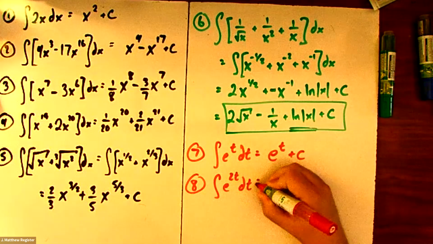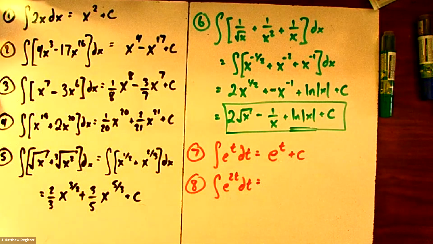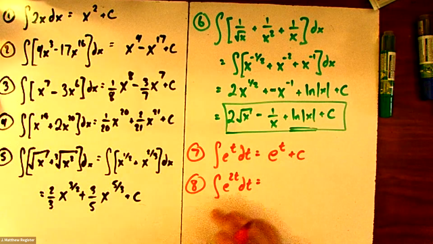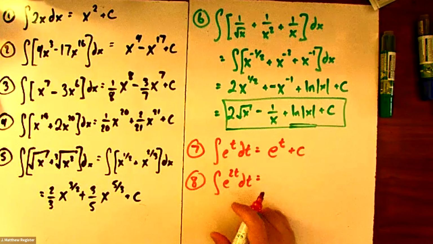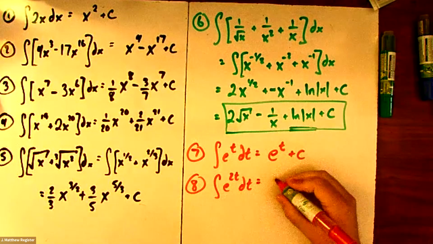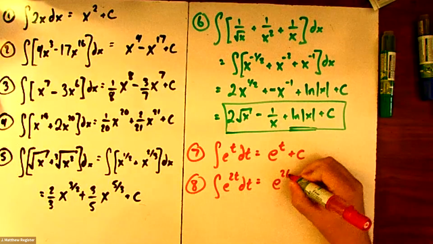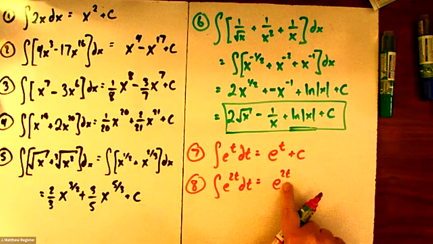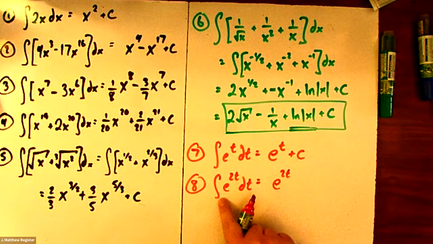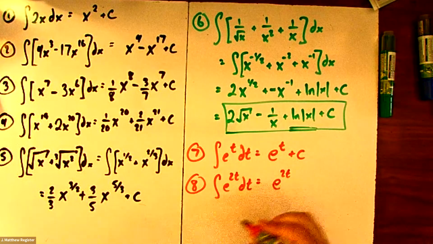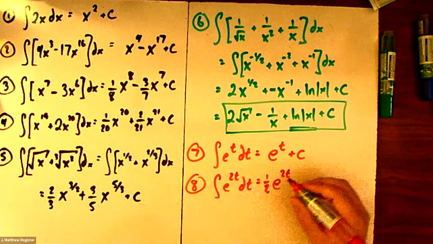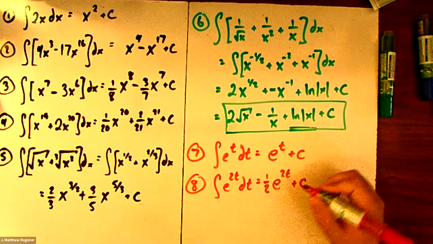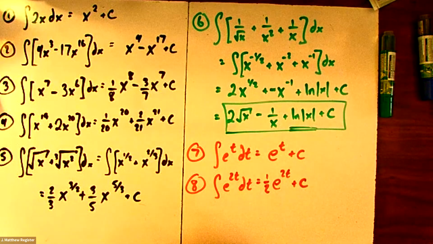Well, we know that if we took the derivative of e to the 2t, we would get an e to the 2t and a 2. And so the e to the 2t should still be there. But like I said, when we take the derivative of this, we would get a 2 that comes out. And to cancel that 2 out, we'll place a 1/2 plus c.